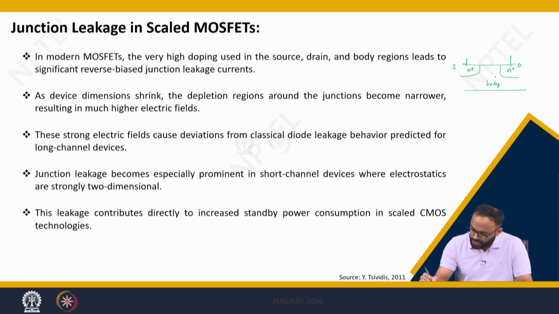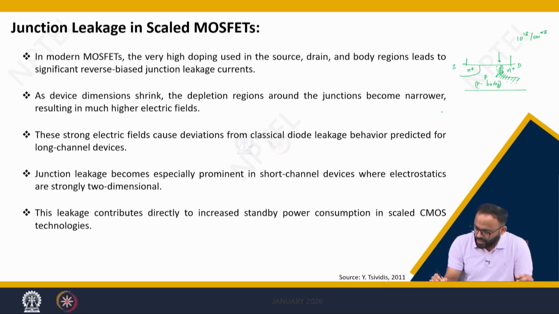Here this junction is nothing but a PN junction because the body is P type. If the doping of the substrate is high, let us say of the order of 10 to the power of 15 or 10 to the power of 18 per centimeter cube, in that condition this forms a narrower depletion region. If the depletion region is narrow in a PN junction, then the field in that region is very high.